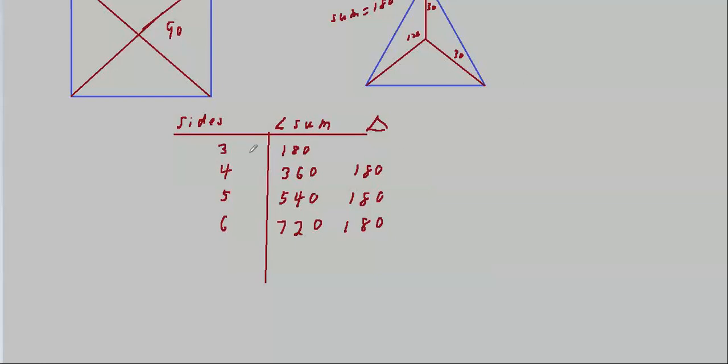So it's almost like we were taking the number of sides times 180 to get the sum. The problem is we're starting at 3 and not 1. But we can shift that. If I show the dots down to n, what is this over here? Well, I would say that it's probably n minus 2 times 180.